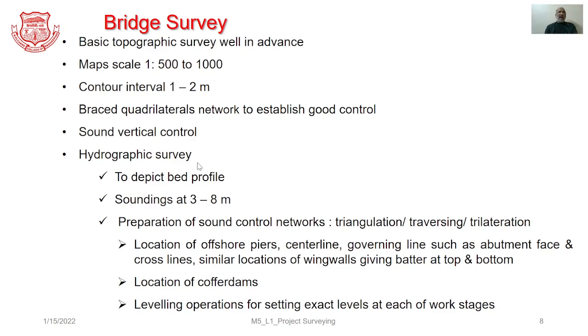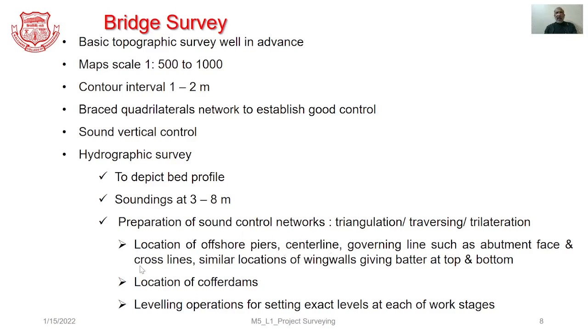Hydrographic surveys are conducted in order to depict the bed profile. Soundings are taken, say, at 3 to 8 meters. Sound control networks in the form of triangulation, traversing, and trilateration are resorted to in order to establish good control.